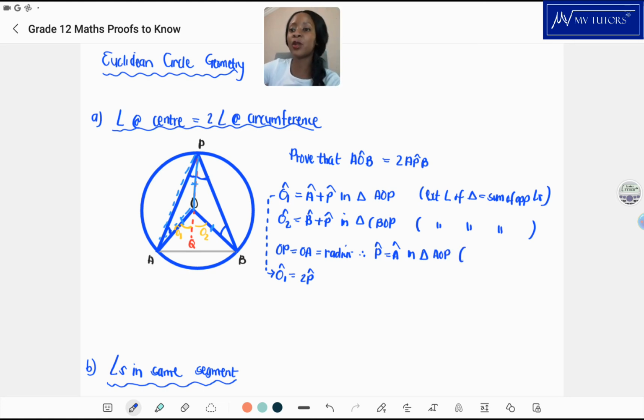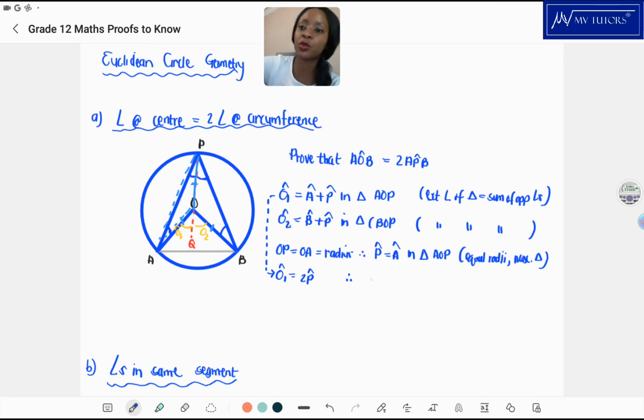And what do we then say as our reason? We have an isosceles triangle AOP, and we know that the sides are the same, so we would say equal radii, isosceles triangle.